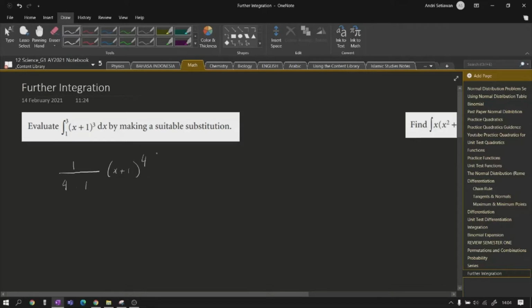Okay, since the integration is a definite integral, when you see the limits of integration, we are not supposed to add plus c, but we rewrite the interval 1 until 3. Okay, after this, we can simplify this form.